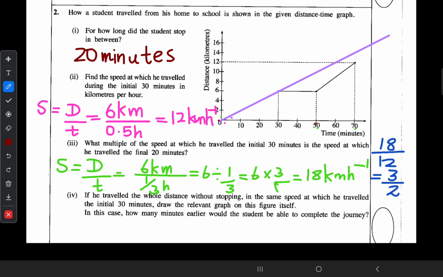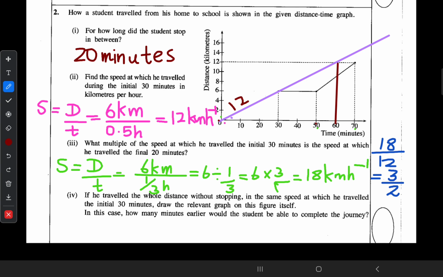Starting from 0, her goal is to complete 12 kilometers. Without stopping, she is going with a uniform speed of 12 kilometers per hour. Where this is intersected with 12, you should extend that one. That is exactly at 60 minutes.